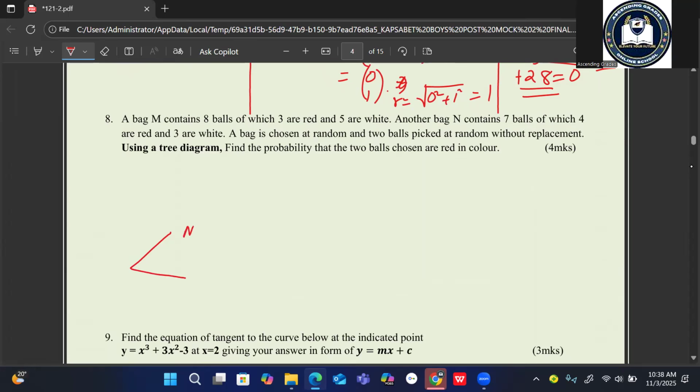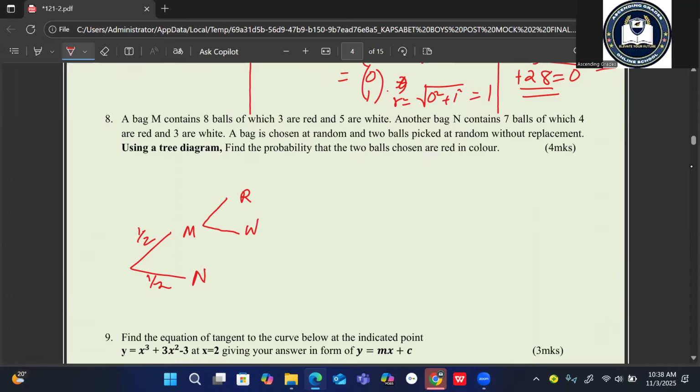So we have bag M and we have bag N. The probability of choosing bag M is half because there are two, and the other one is also half. In M, we have red ones and white ones. We have a bag containing 8 balls of which 3 are red and 5 are white.